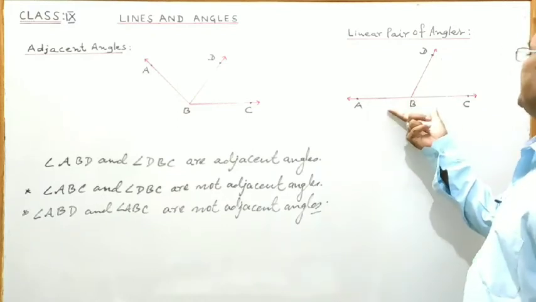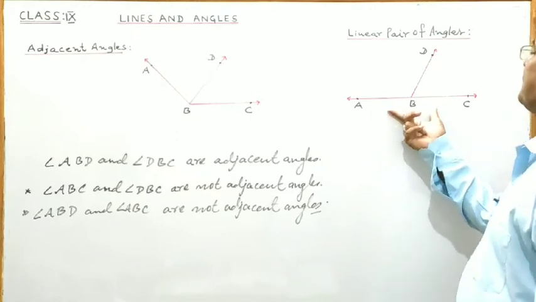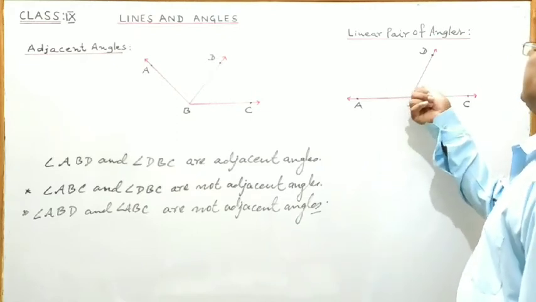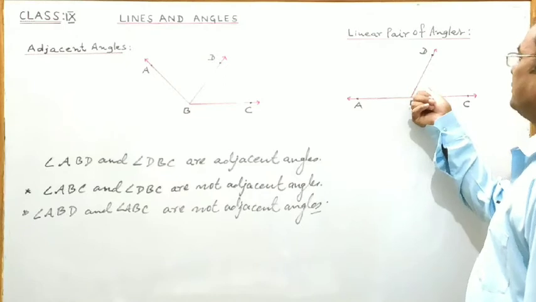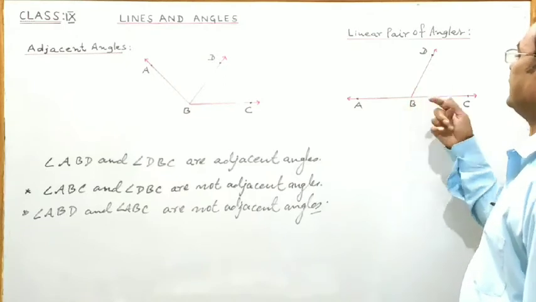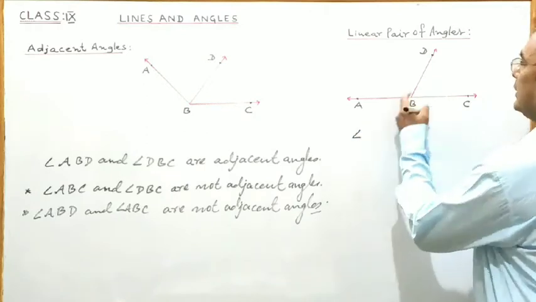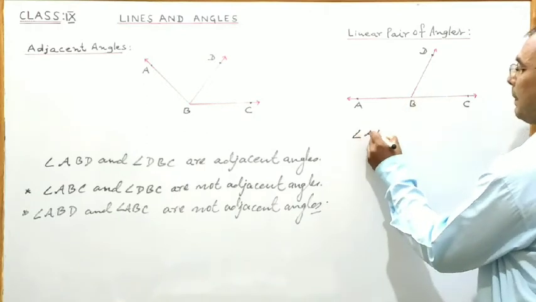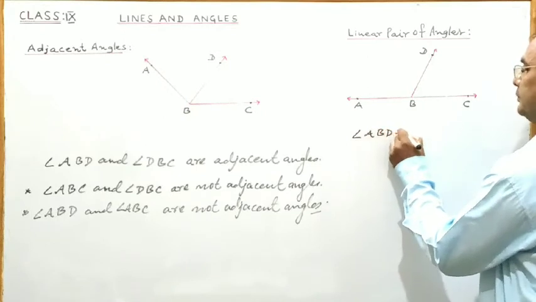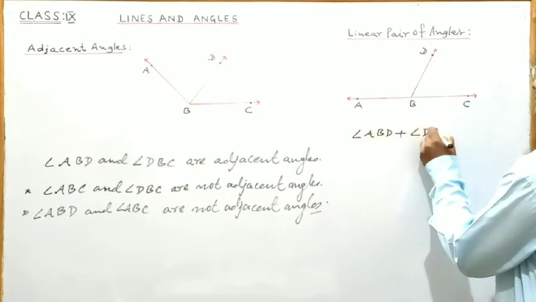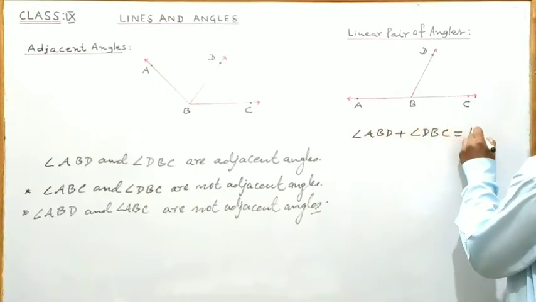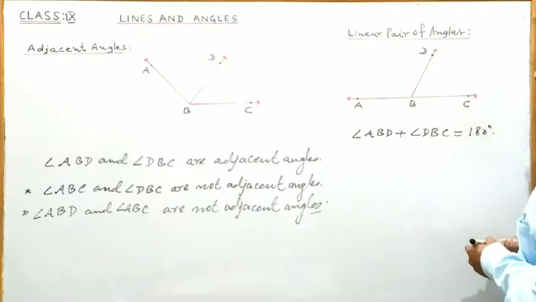So since ABC is a straight line and angle ABD and angle DBC form a linear pair of angles, angle ABD plus angle DBC is equal to 180 degrees.